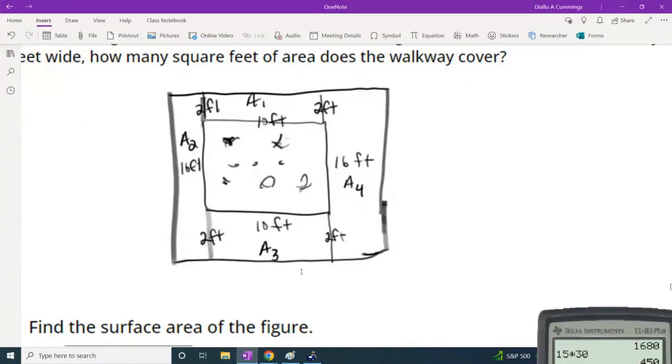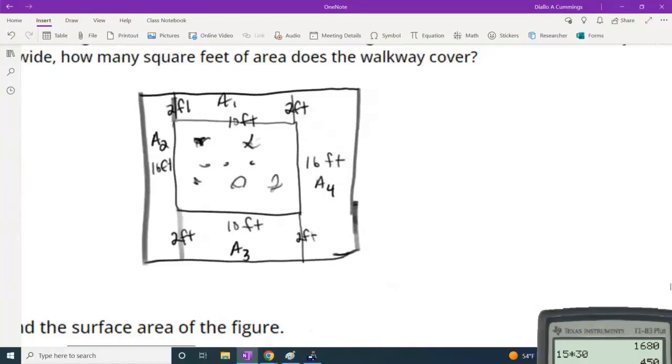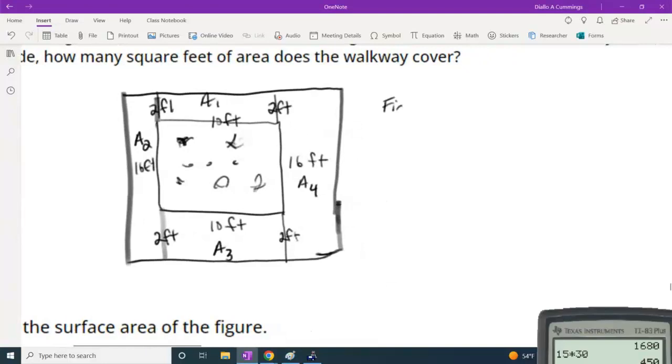All right, so once again, the garden is 10 feet by 16 feet. The walkway around it is 2 feet wide, right? So this is where these 2 feet come in, 2 feet and 2 feet. First, let's find the area for the first rectangle.